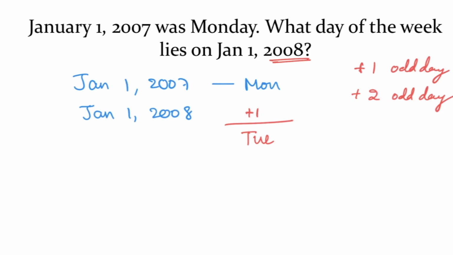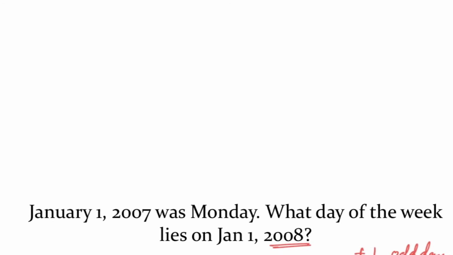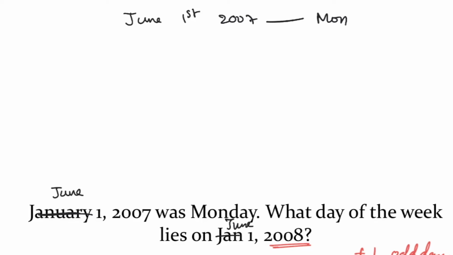For example, if that question is given and it is not January but June, if June 1st 2007 is given as Monday and we require the day on June 1st 2008, then in between 2007 and 2008, 1 year passed.